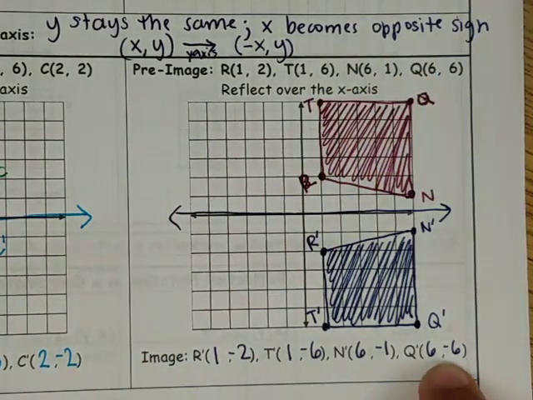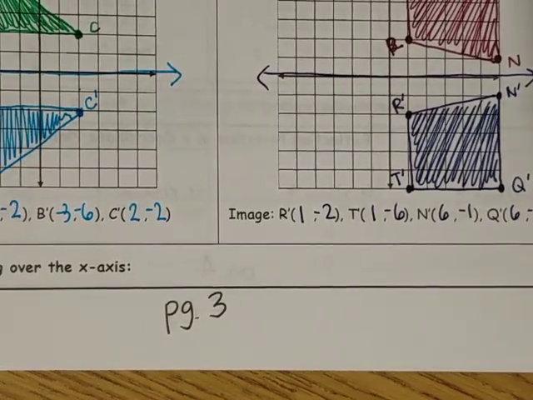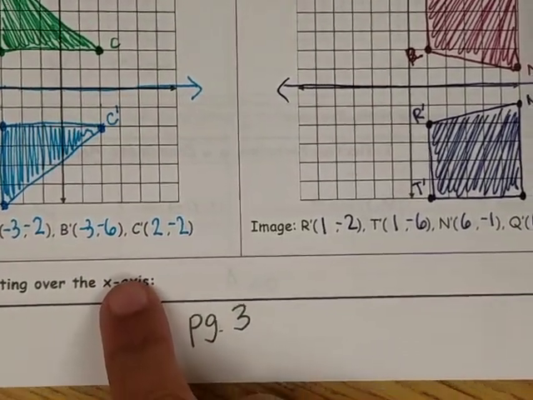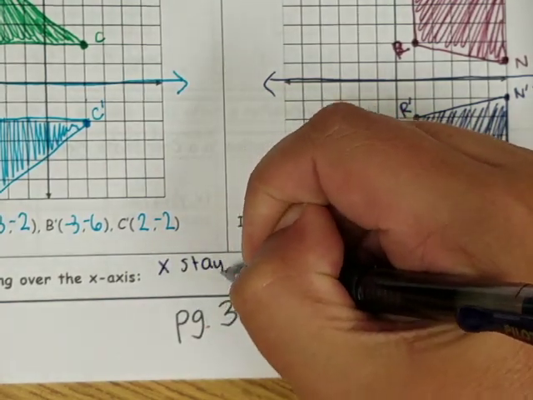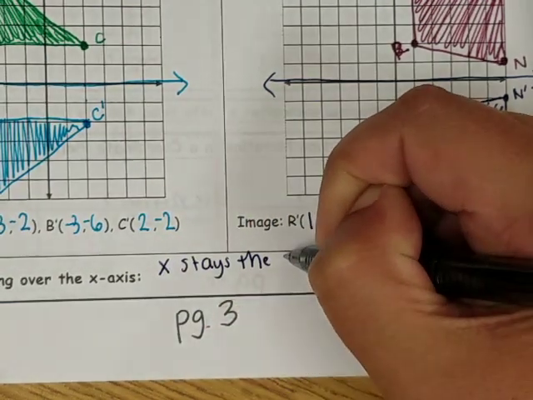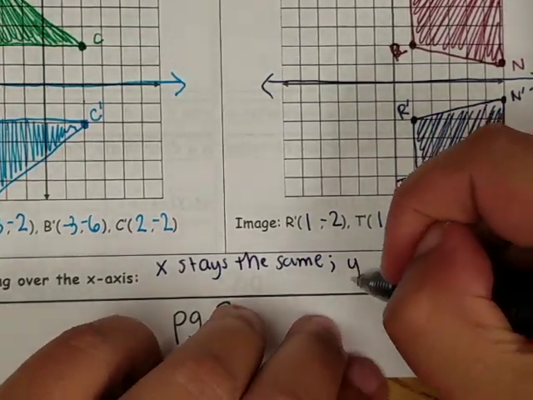So hopefully you notice that all the y values change to their opposite sign. So the rule for this is when you're going over the x-axis, the x stays the same, and the y becomes opposite sign.